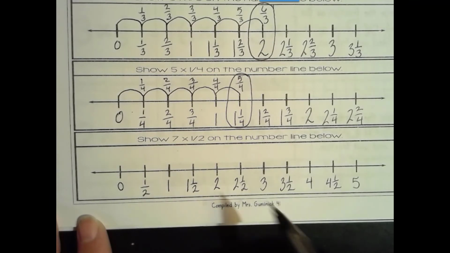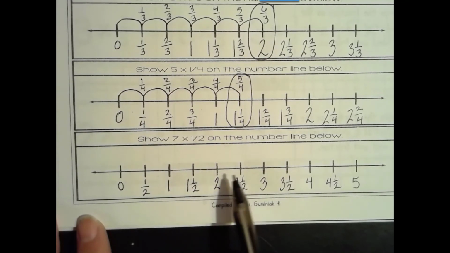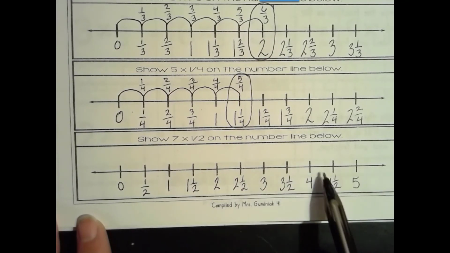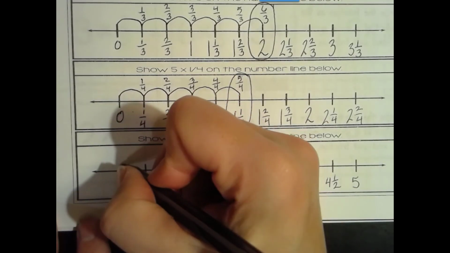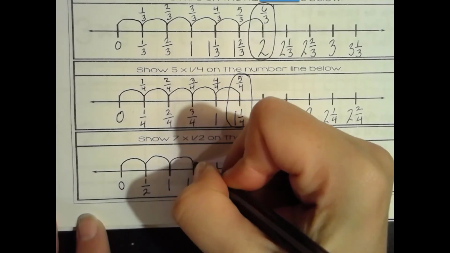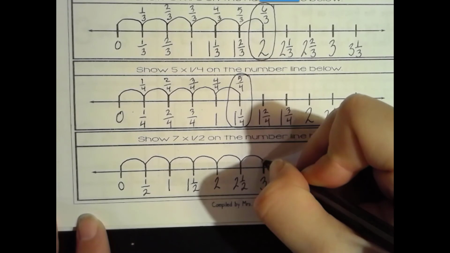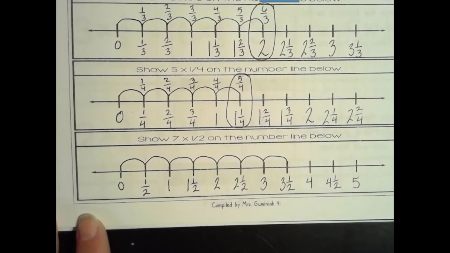So we need to represent 7 of these halves, because each of these from whole number to whole number is cut into 1, 2 pieces, cut into halves. So I need to show 7 of them. 1, 2, 3, 4, 5, 6, 7.